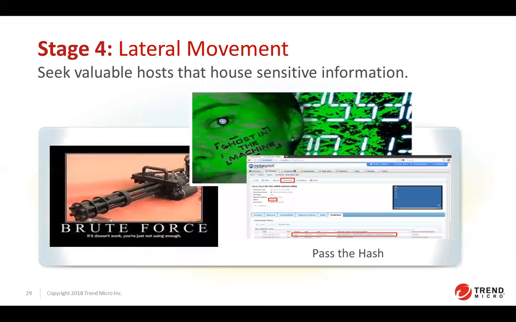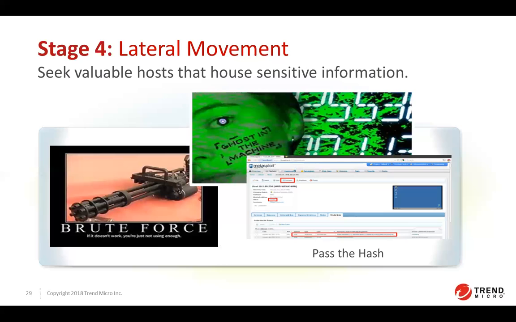Stage 4 is lateral movement. Again, if I get inside an organization through an employee's machine, typically that machine's not going to have the data they want to steal or access to the network area they want to get to. So they need to move laterally. Most often they're going to try to steal the credentials of your administrators.